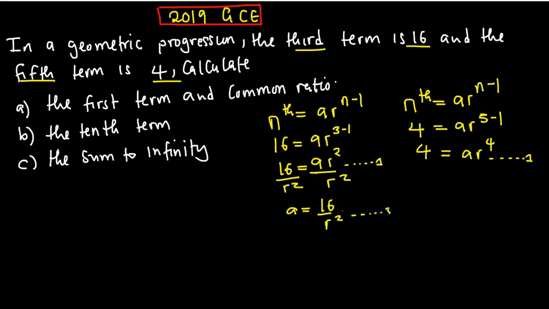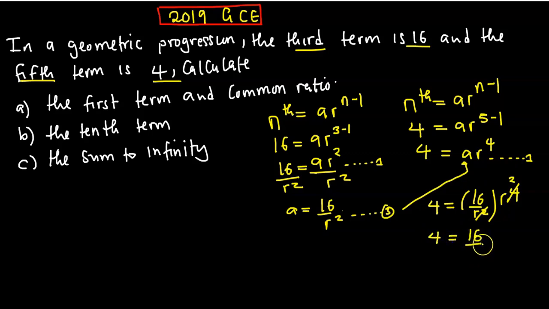Then we replace where there's a in the second equation. So we are going to have 4 is equal to, where there's a we put 16 over r square, times r to the power 4. This r square and r square cancel, there remains r square. So we are going to have 4 is equal to what?